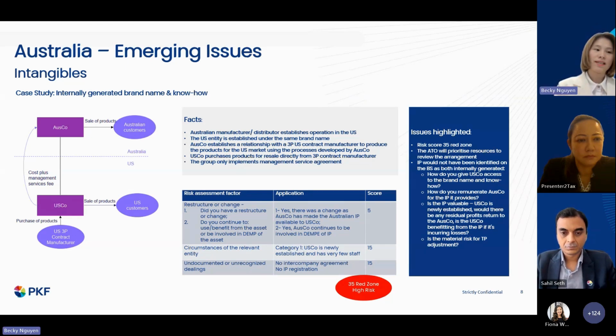After going through all the risk assessment factors, you will get the corresponding scores. And in this scenario, it landed 35 points, and it is under the high-risk type.